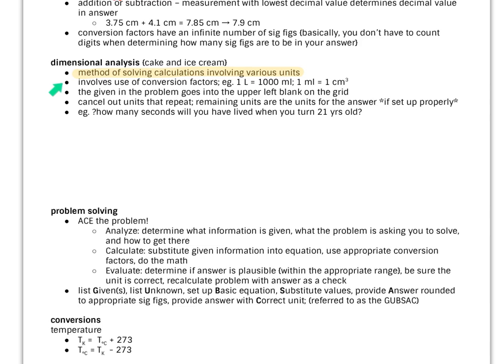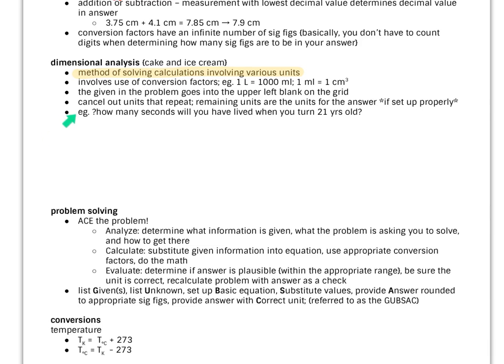It involves the use of conversion factors, so the fact that we know that 1 liter equals 1,000 milliliters, or the fact that we know that 1 milliliter equals 1 cubic centimeter. Okay? So the way that we're going to set this up, we're going to have a given, and it's going to go in the upper left blank on the grid, which you'll understand what I'm talking about with the grid in a second.